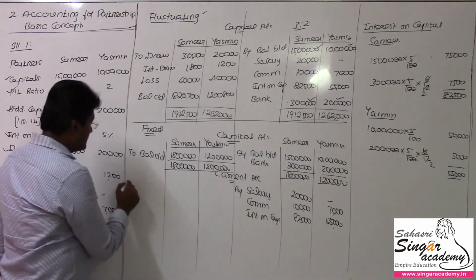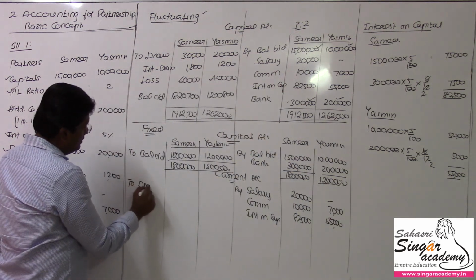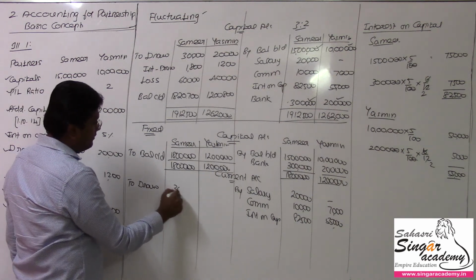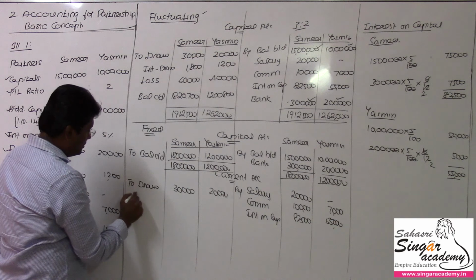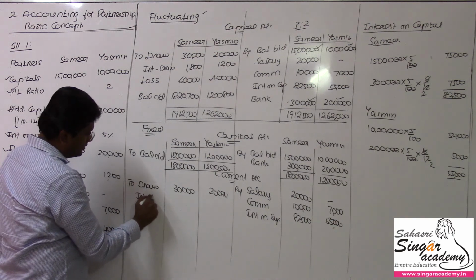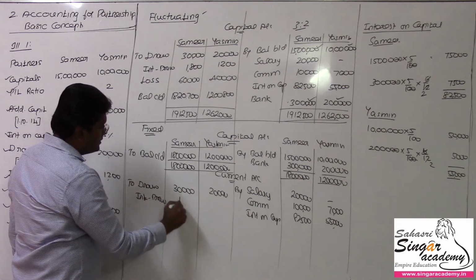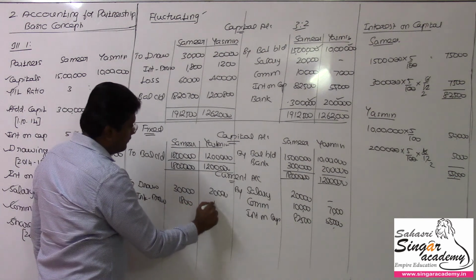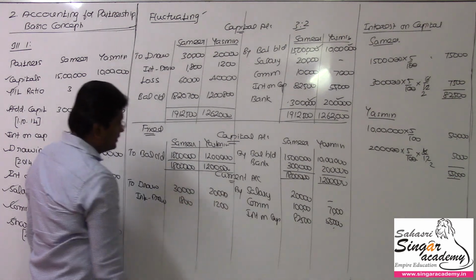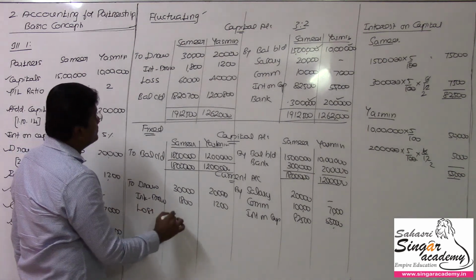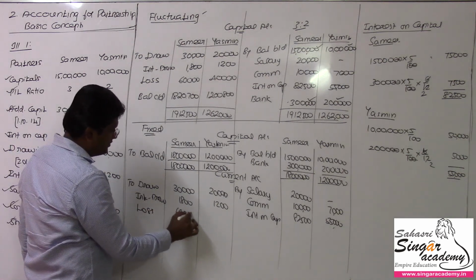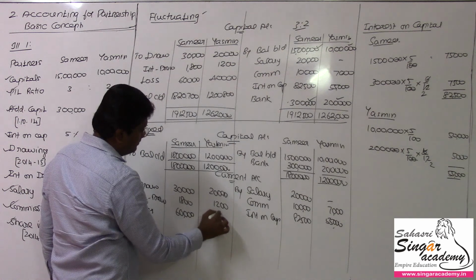And on the credit side, drawings value is 30,000 for Samir and 20,000 rupees for Yasmin, and interest on drawings 1800 for Samir and 1200 for Yasmin. Loss, I am charging these two partners with the loss of the partnership firm, 60 and 40.